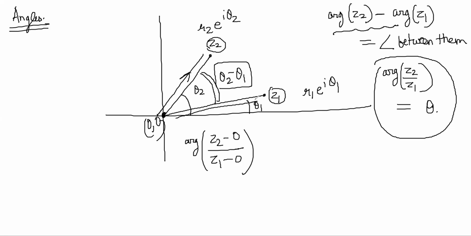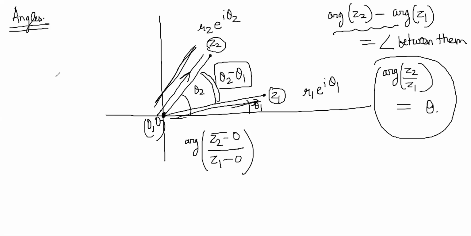So think of it as two vectors. You can only form an angle if the two vectors are meeting at a point, so that point is important to understand. Here the point is 0, so Z2 minus 0 is the direction of this complex vector, and Z1 minus 0 is the direction of this complex vector.